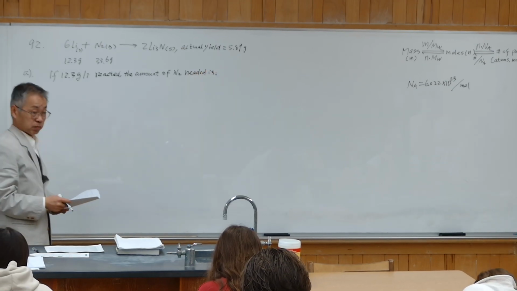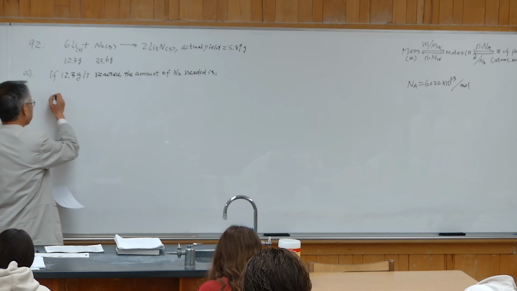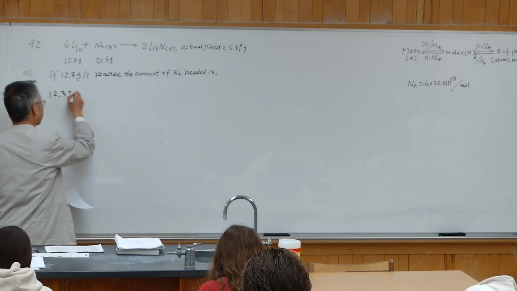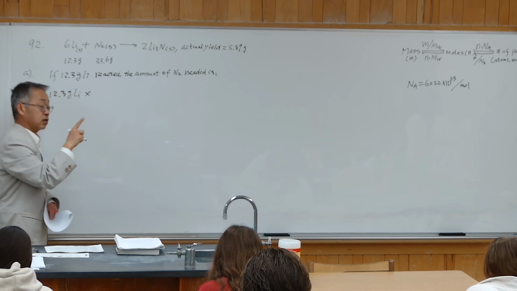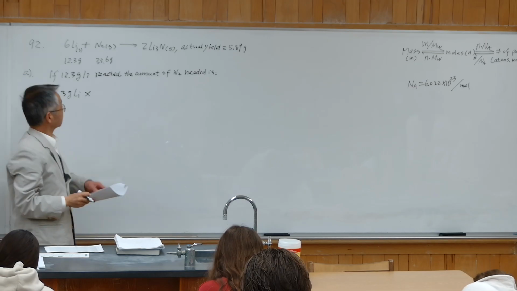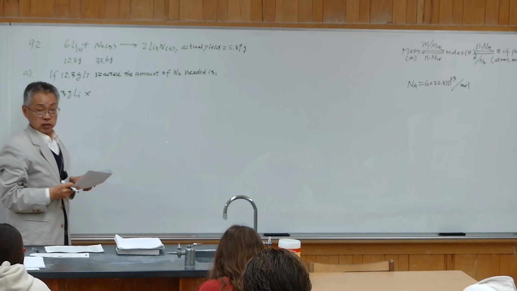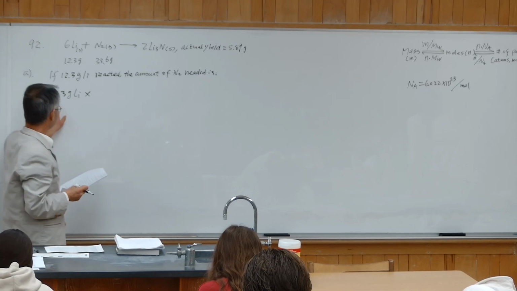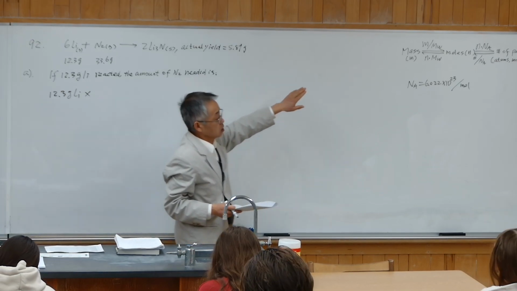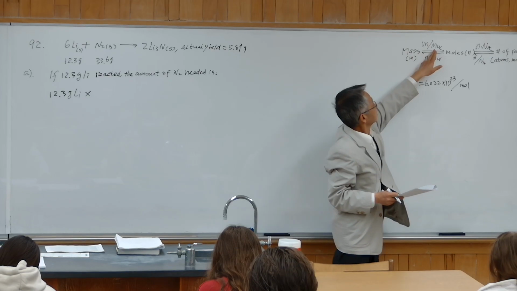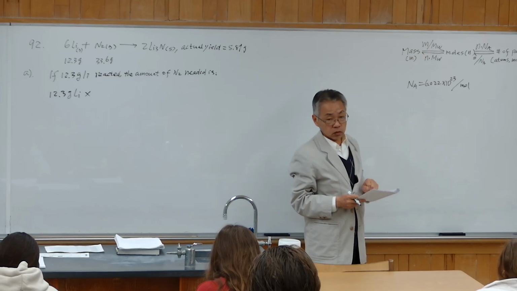We're going to use this balanced equation. So 12.3 gram is a mass. Mass always has to be converted to mole, because the balanced equation is a mole relationship. How can we convert mass into mole? Again, this chart: mass divided by molar mass. What is the molar mass for lithium?